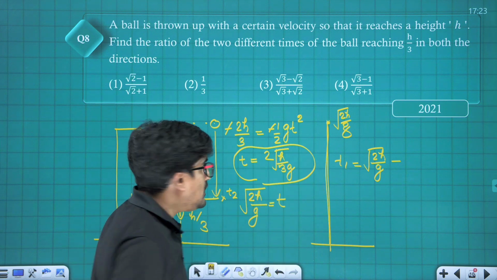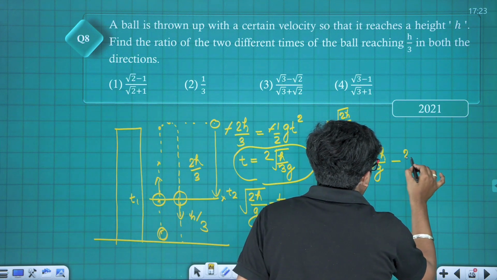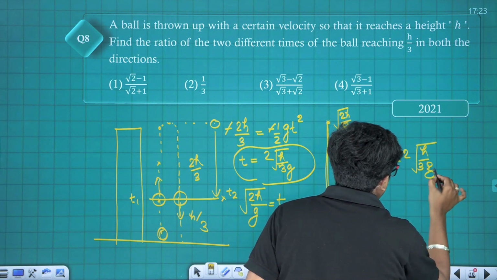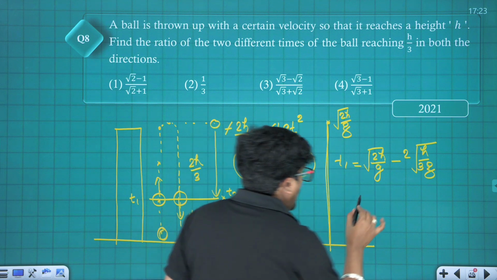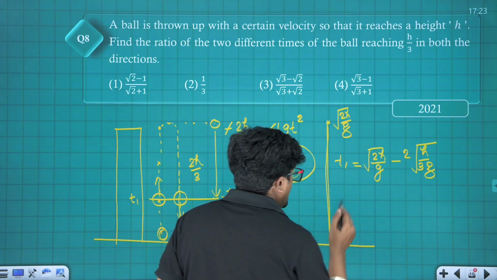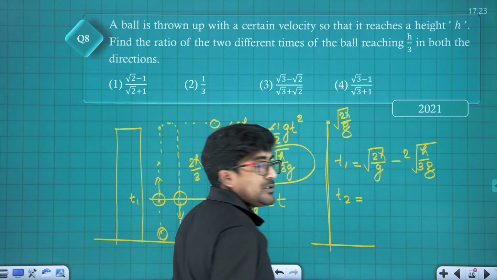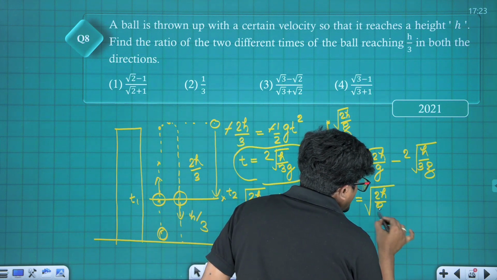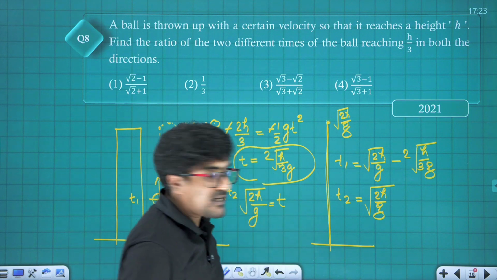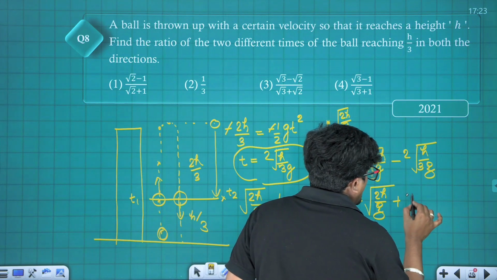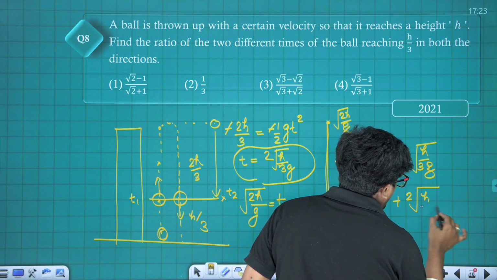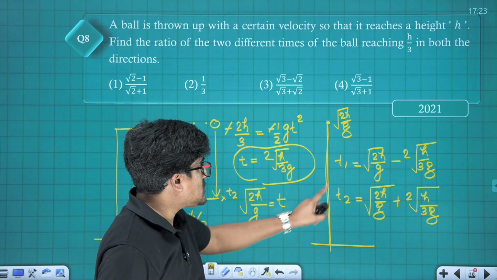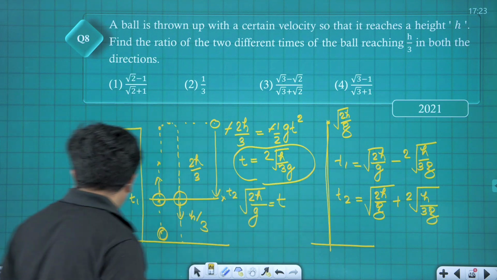This one. That's going to be 2 into root of h by 3g. Okay, so that is t1. And what about t2? t2 is supposed to be under root of 2h by g plus 2 into under root of h divided by 3g. Okay, this is going to be t1 as well as t2 respectively.